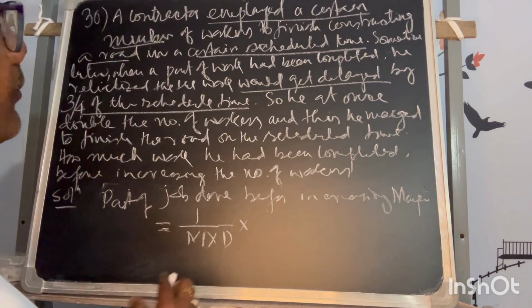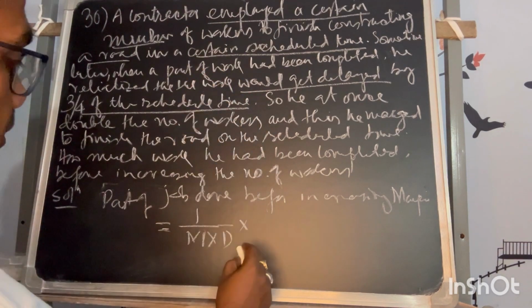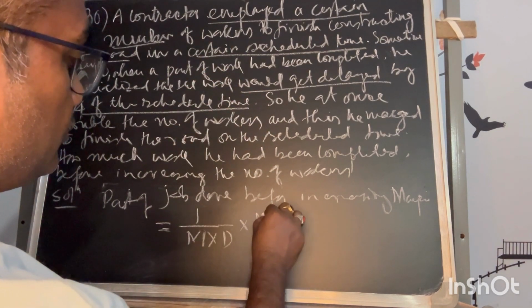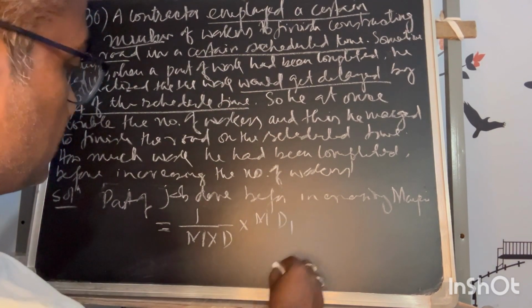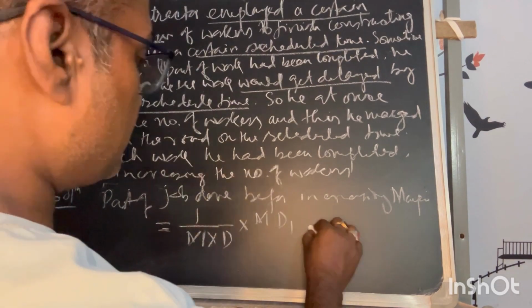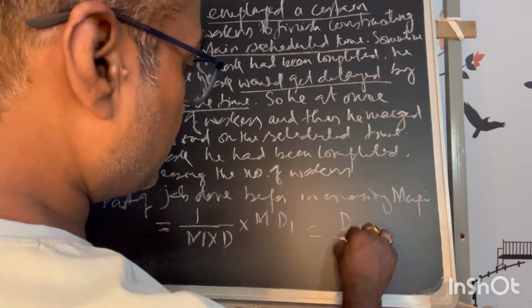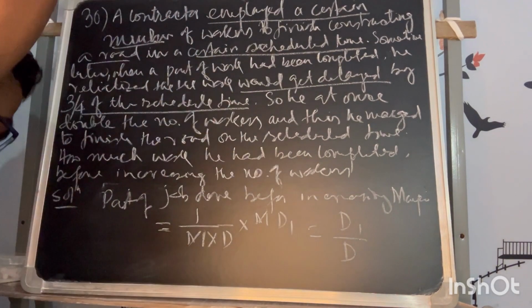The fraction of the job they did, m into D1 over m into D. So the m's will be cancelled out, D1 by D. That will be the case.